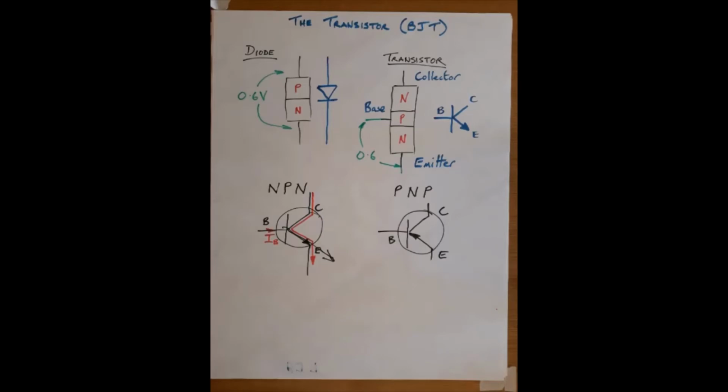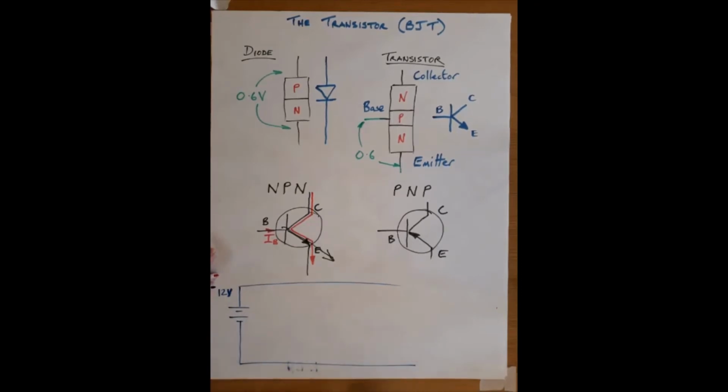So how do we turn this on? You need a power supply. So let me say, to start with, we've got a simple battery, and it doesn't matter what the voltage is. So this could be anything. Let's say 12 volts.